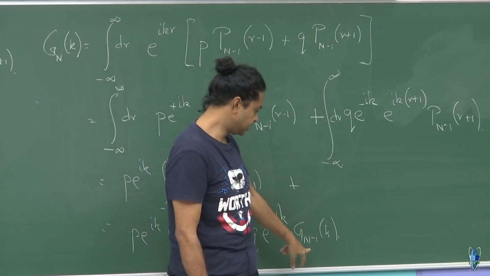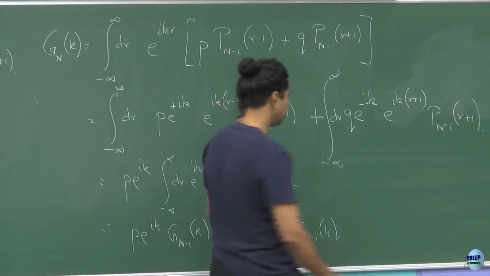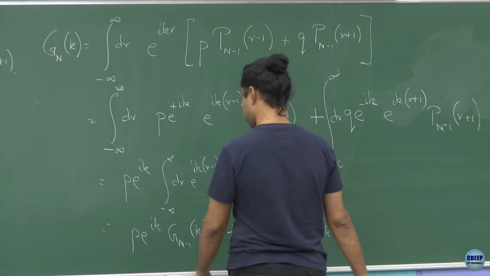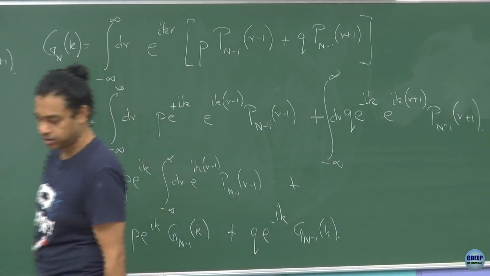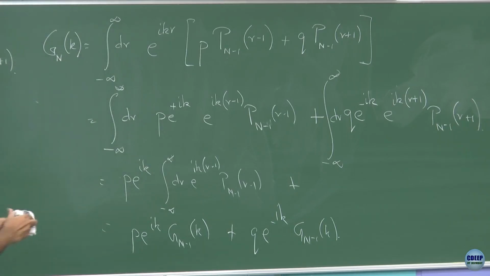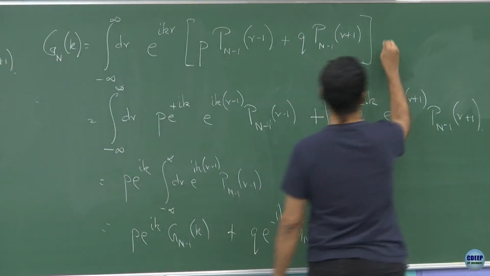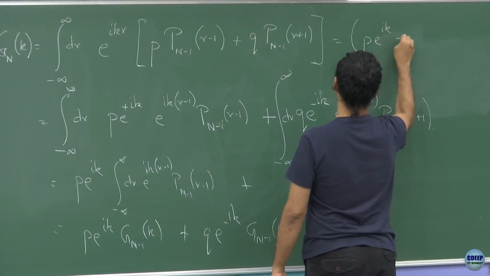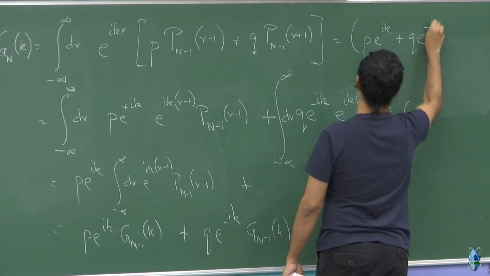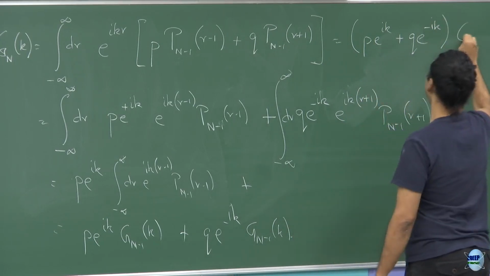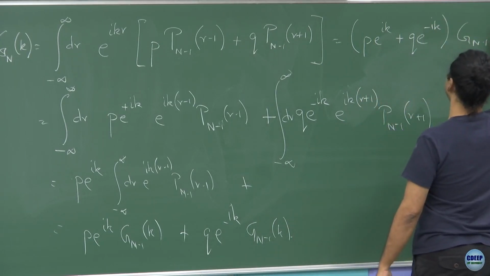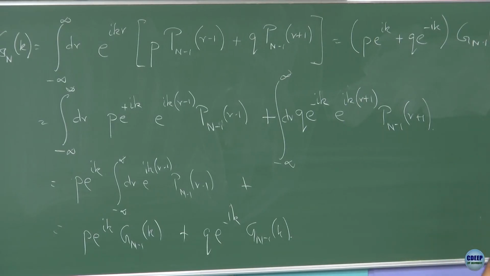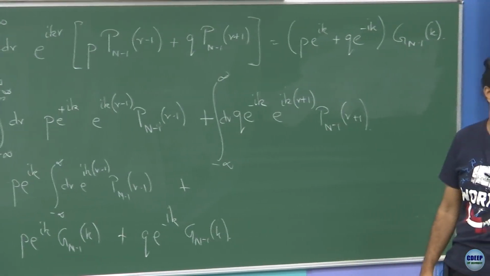So, both of these integrals are g n minus 1s. So, essentially what you have for g n of k is p e to the power of I k plus q e to the power of minus I k, times g n minus 1 of k. Is this fine?